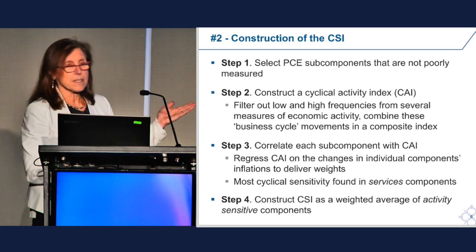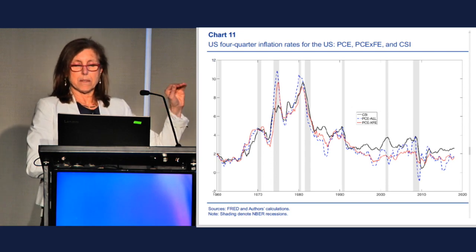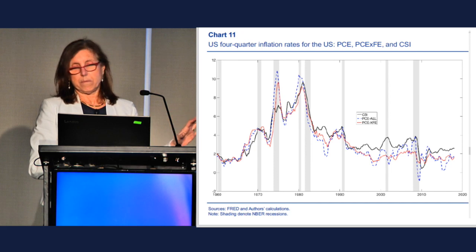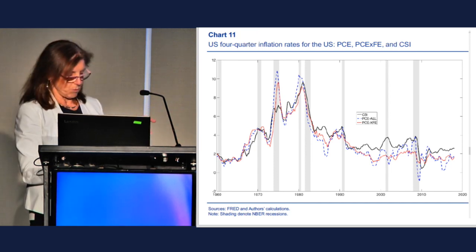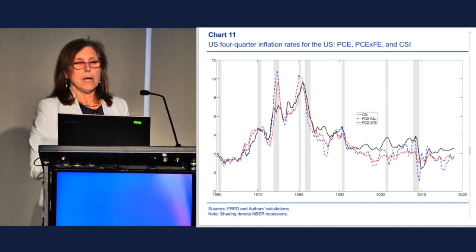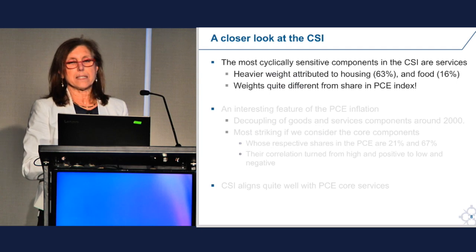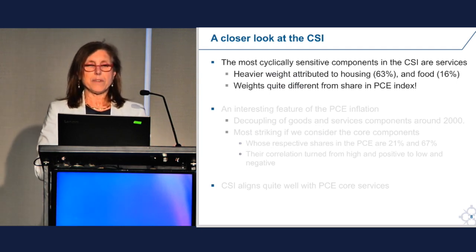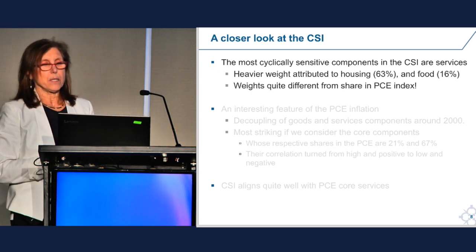So this is the picture you have seen. Focus on the difference between this black line and the two PCE lines, PCE all variables and PCE excluding food and energy, which is the red one. Looking closely at this CSI, the most cyclically sensitive components are the services, and he has pointed out that there is a heavier weight attributed to housing, about 63%, and something on food.